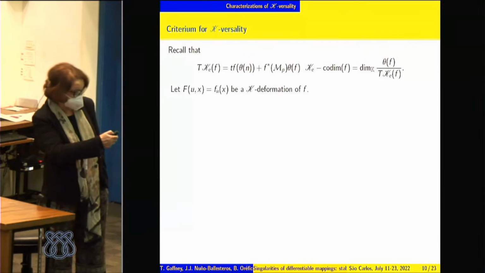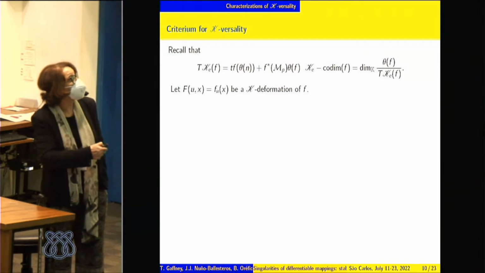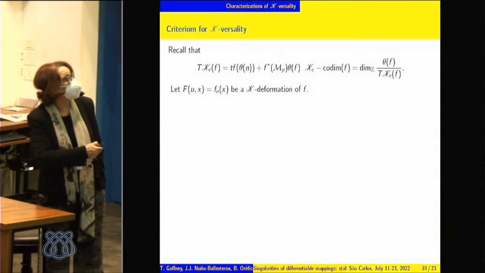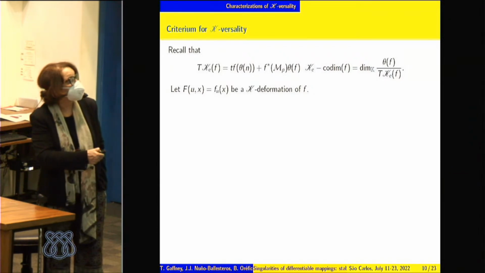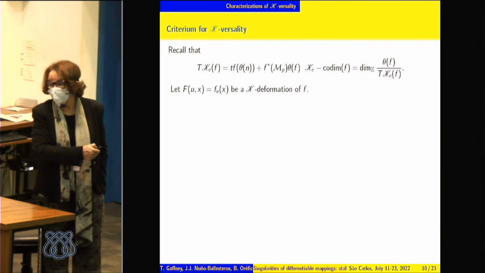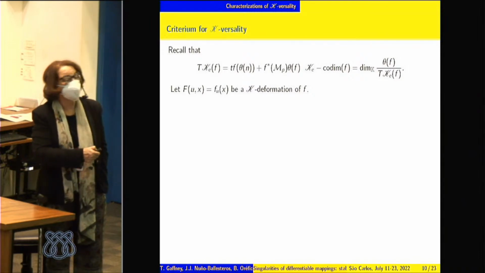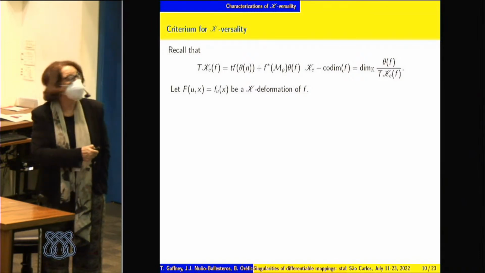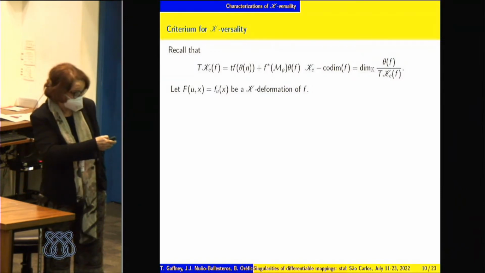So this is the tangent space. And we have the K codimension, which is just the dimension of this space. Notice that this is, in a sense, the dimension of the normal space to the extended tangent space, right?